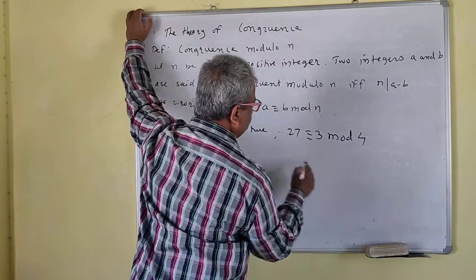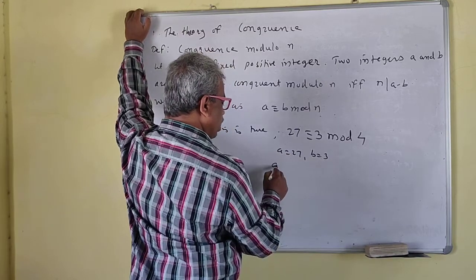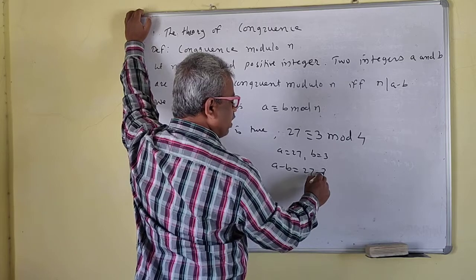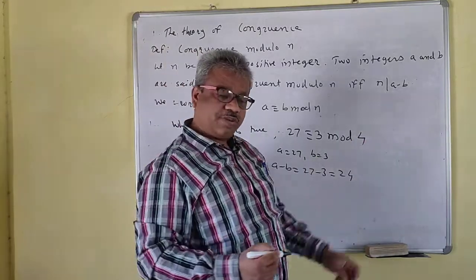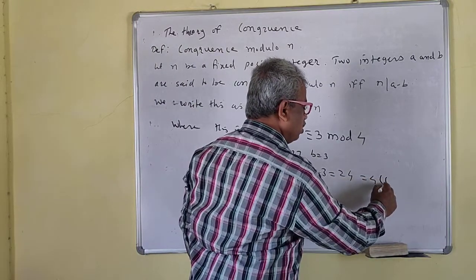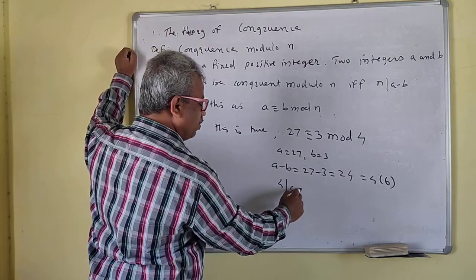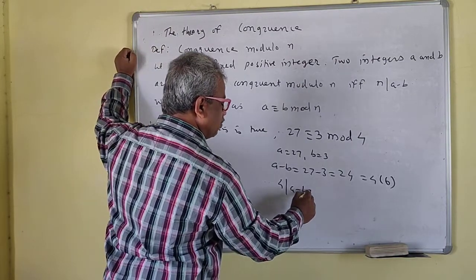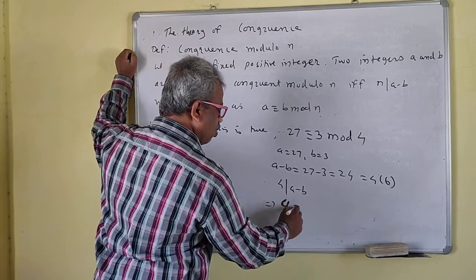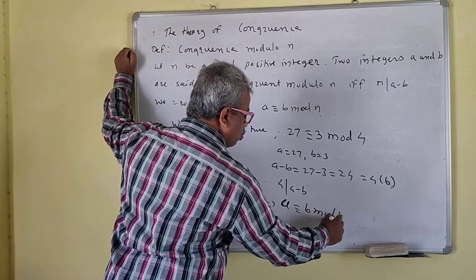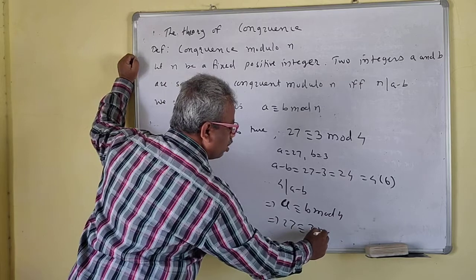Your a is 27, your b is 3. So a minus b is 27 minus 3, that is 24. Can I write 24 as 4 into some integer? Yes, I can write 4 into 6. So therefore 4 divides a minus b. That means a is congruent to b mod 4, that implies that 27 is congruent to 3 mod 4.